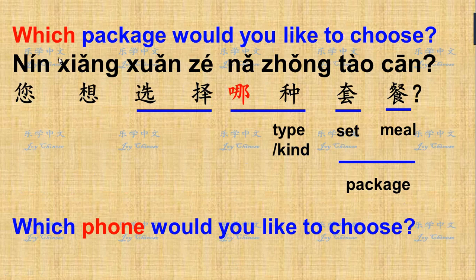Then the person in the shop is going to ask you which package would you like to choose. 您想选择哪种套餐? As I mentioned in the previous video, the question word in English is at the beginning of the sentence, but in Chinese it's usually in the middle, in front of the word it comes with.